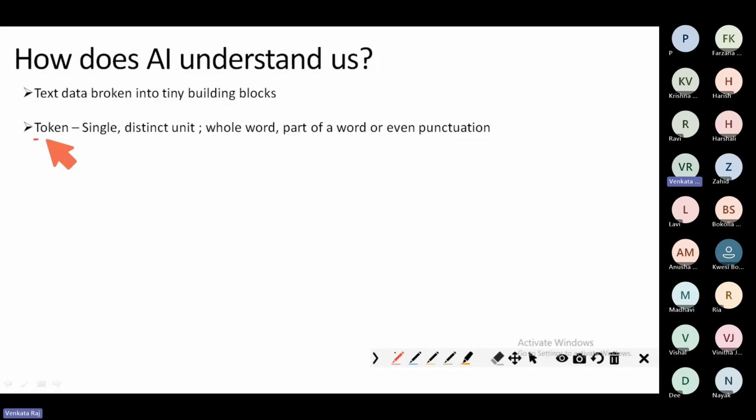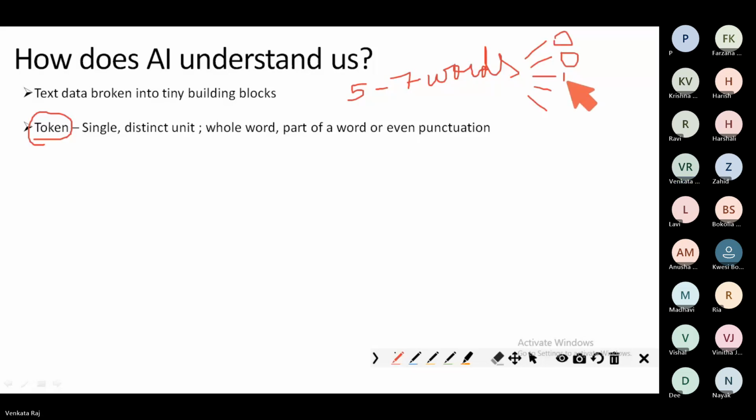Whenever you are providing any text, it will be broken down. Let's say you give a sentence, guys, which has like 5 to 7 words. That will be broken down into tiny blocks. Each block will be called a token. Now, what is a token? It is a single distinct unit.